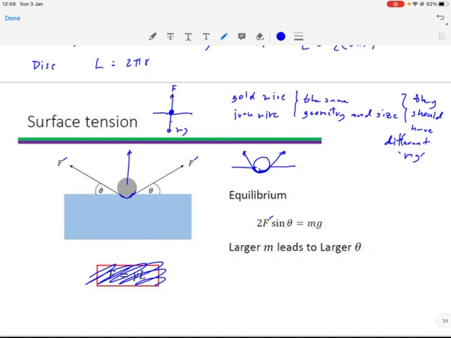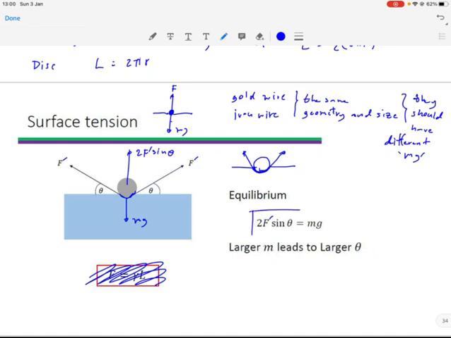So you can find the net force by splitting this F palm into its vertical component, and this force should balance with the weight of the object mg, and this is the force holding the object on the liquid surface.